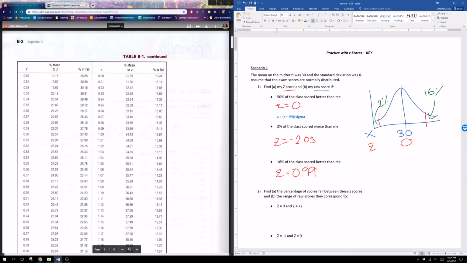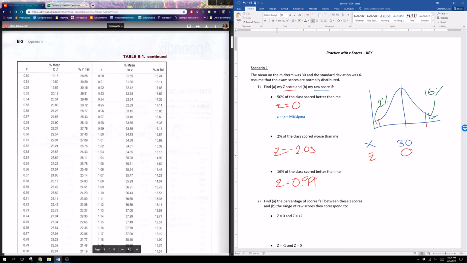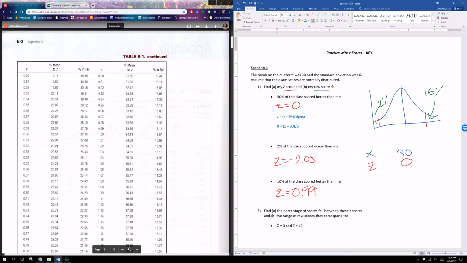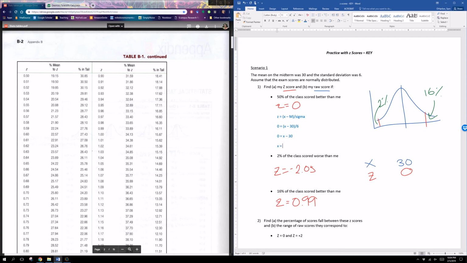Okay, so if we've got 0 equals x minus, our mean was 30, and we are dividing by 6, we can rearrange this, multiply both sides by 6, we've still got 0 equals x minus 30, so we know that x has to equal 30.